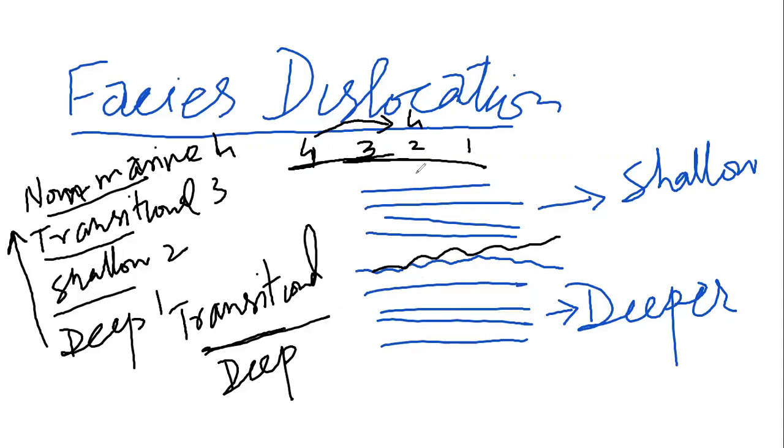This dislocation of facies is termed facies dislocation, and it is a recognizing criterion for the sequence boundary. The intervening or intermediate rocks are missing in facies dislocation. Such a superposition of facies in which intervening rocks are missing is termed facies dislocation.